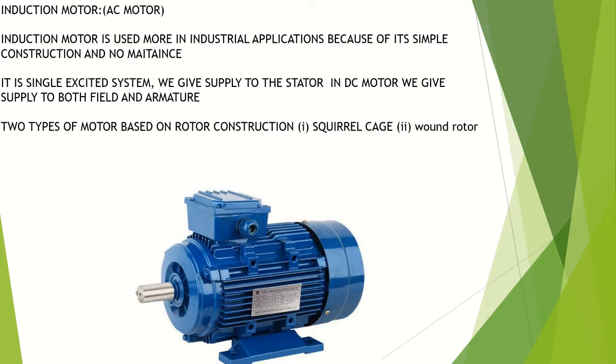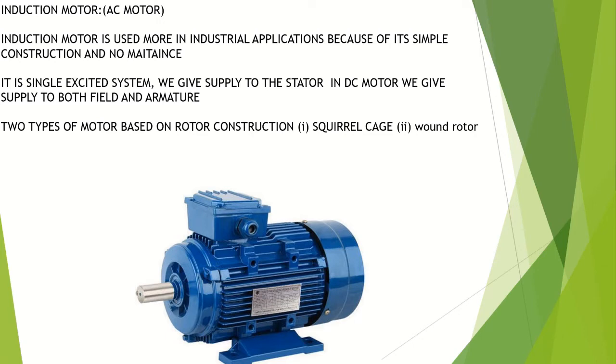Because of power electronics, AC drives can be easily controlled, and AC drives became superior with these power electronic devices. If you see V by F drives, everywhere V by F drives are there. We can control the speed very easily and reliably. So the induction motor is the most used one in the industry.